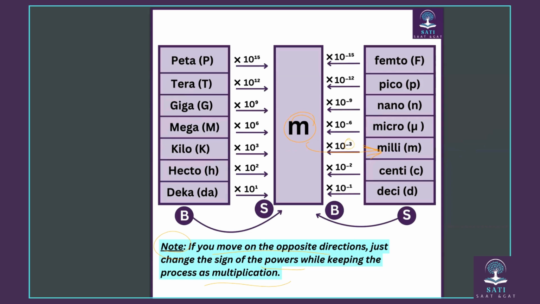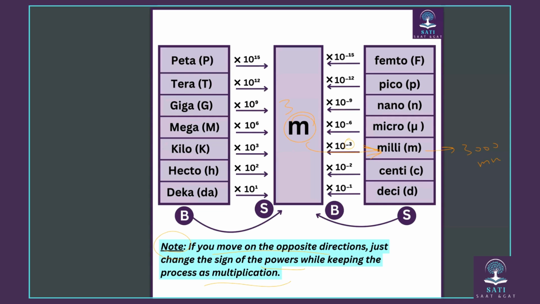So if you want to change 3 meters into millimeters, you move in the opposite direction, so you multiply by 10 to the power of positive 3, not negative 3. That's 3 times 10 to the power of 3. 3 times 1,000 gives you 3,000 millimeters. And so on for all these units.